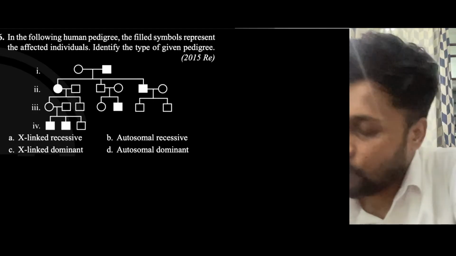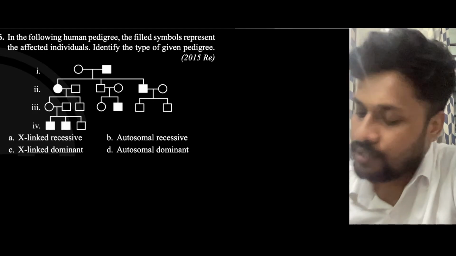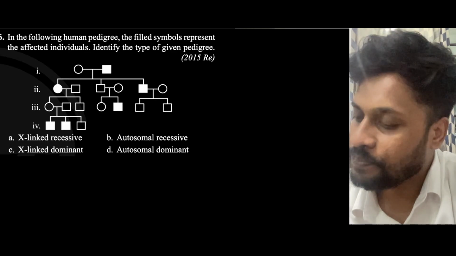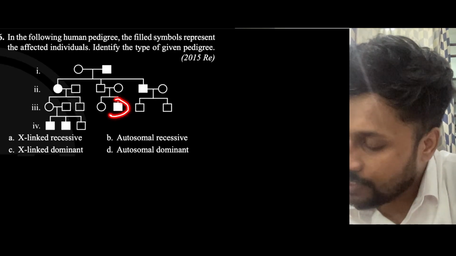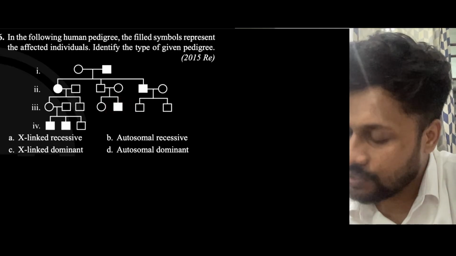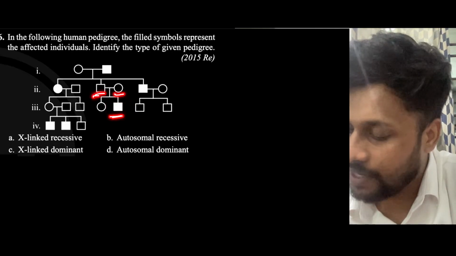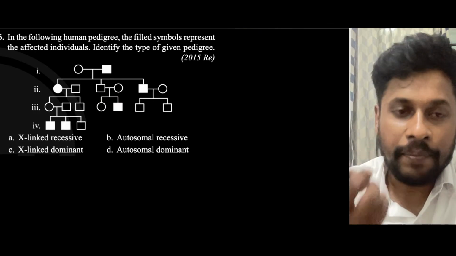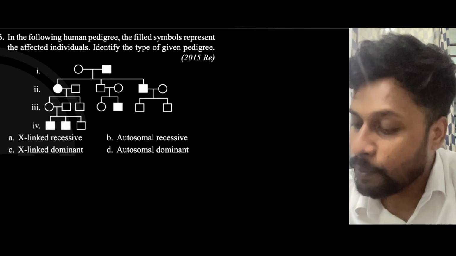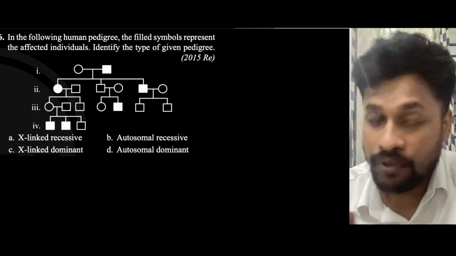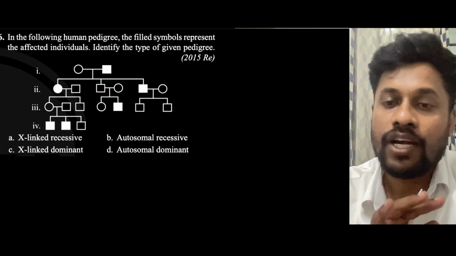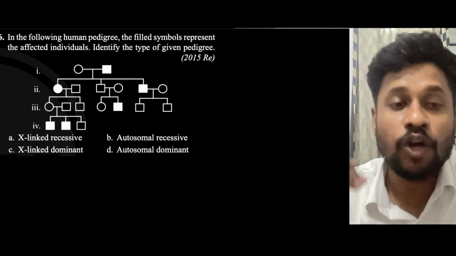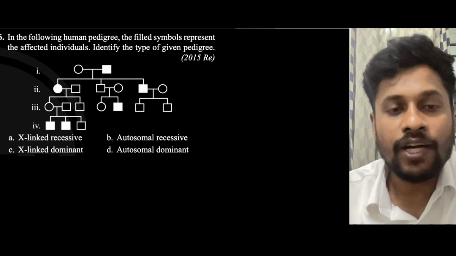Here you can do one thing, guys. First of all, try to eliminate the options. Now you see here, an affected individual is born to normal parents. If a diseased baby is born to normal individuals, then it is not a dominant disorder, because if it were dominant, the parent also would be diseased.